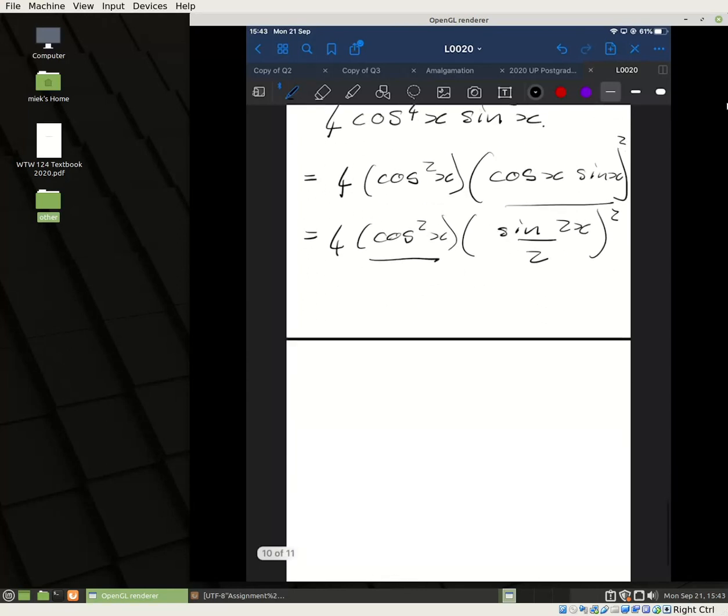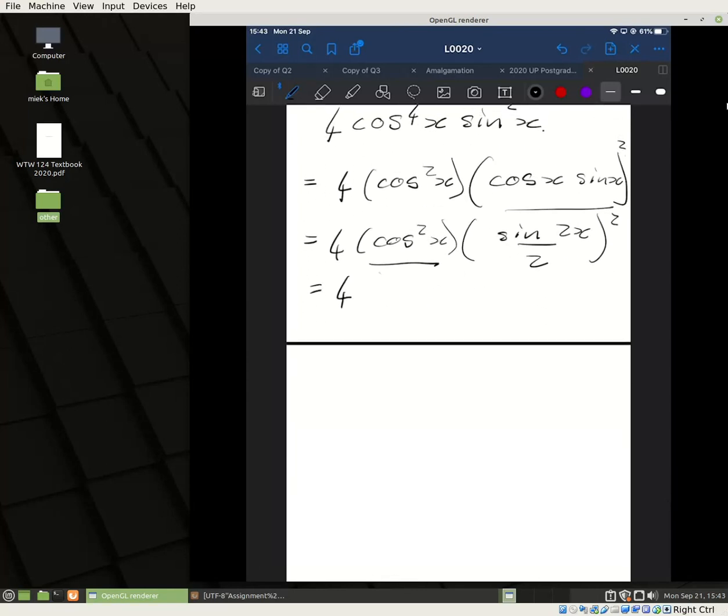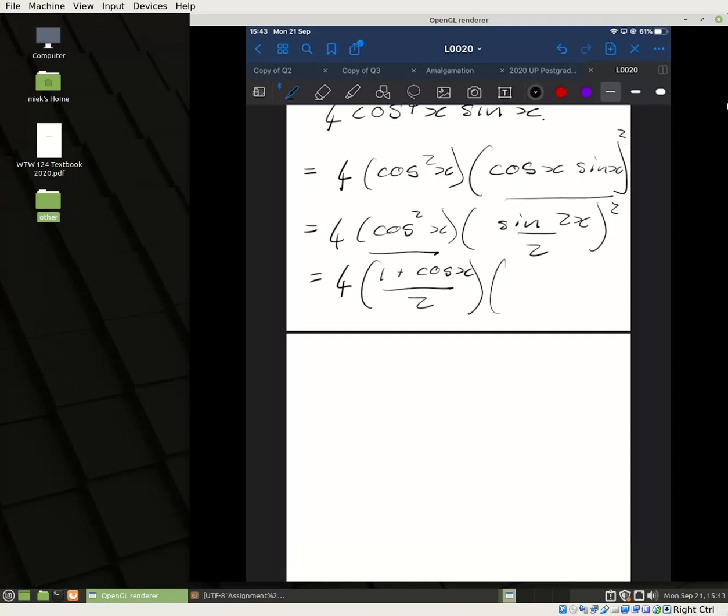So that becomes 1 plus the cosine of 2x over 2. No, there should be no square there, of course. Sine 2x over 2 squared.